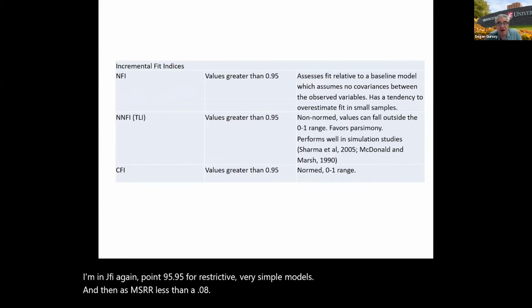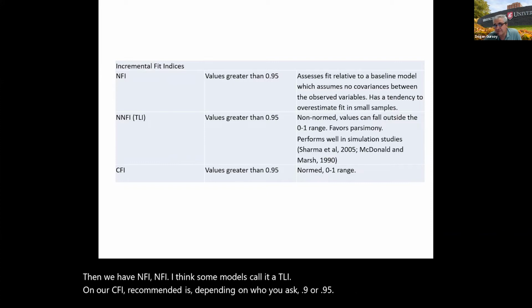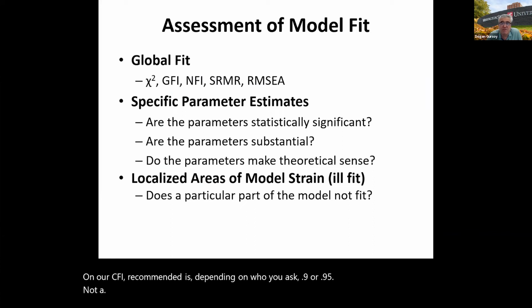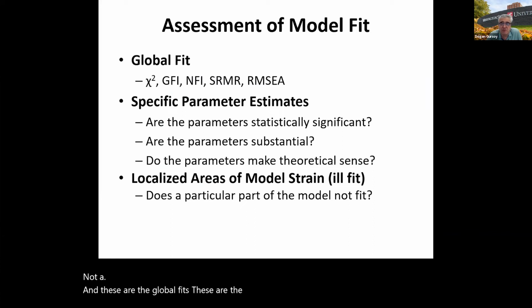Then we have NFI, NNFI. I think some models call it a TLI. And CFI recommended is, depending on who you ask, 0.9 or 0.95. Then these are the global fits. These are what you're supposed to report.